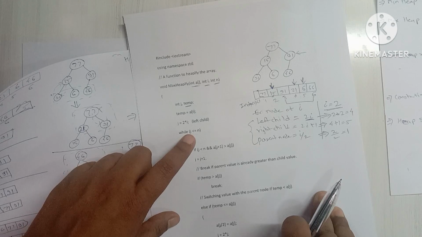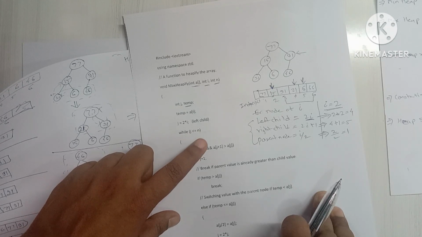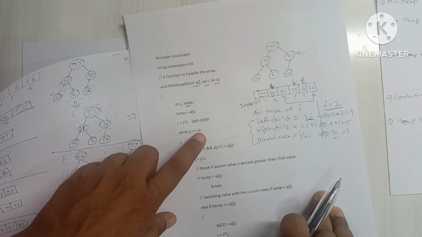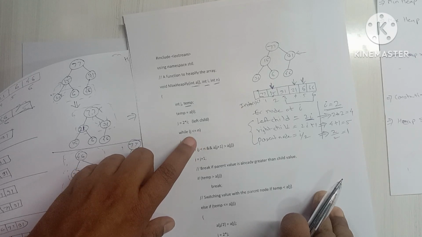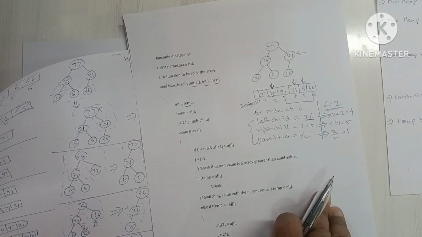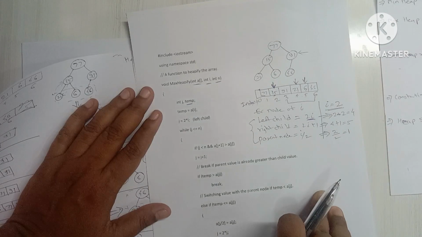Now in the while loop we have written the condition j is less than or equal to n. Why do we require this condition? n is the number of elements and j is its left child, so it checks whether the left child or right child is there or not. For that purpose we have written this condition. If j is less than n, then there is a right child or left child.